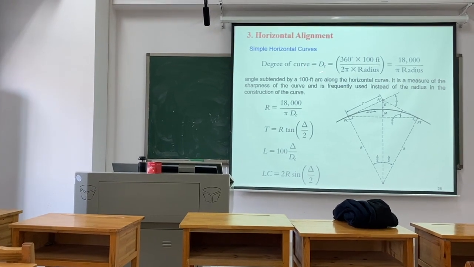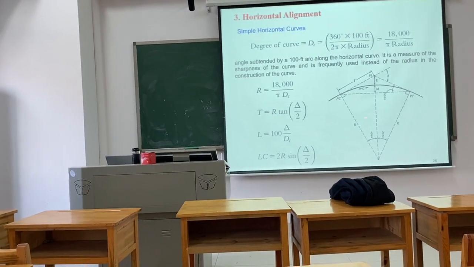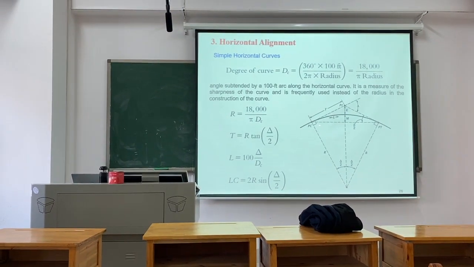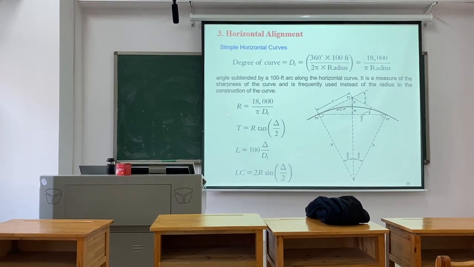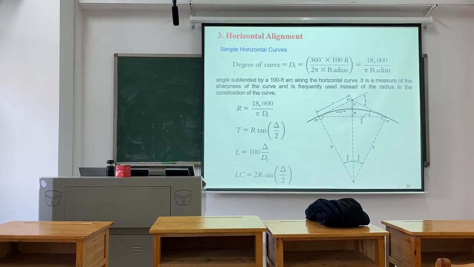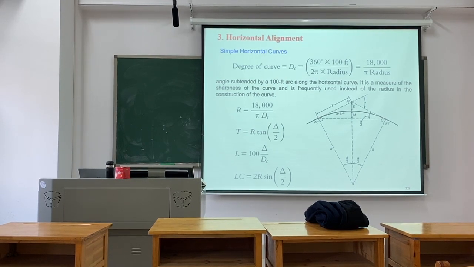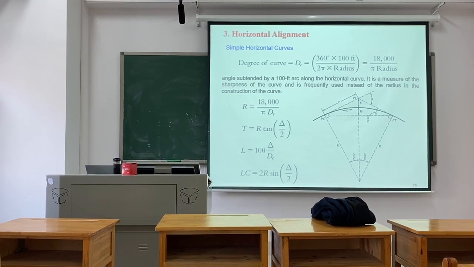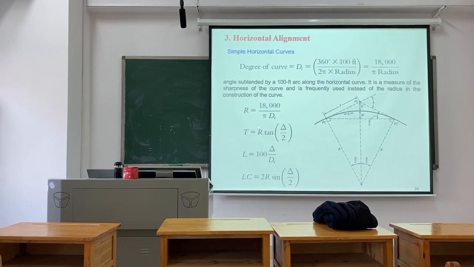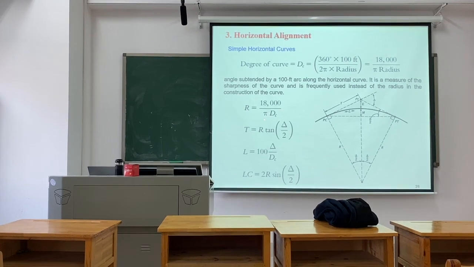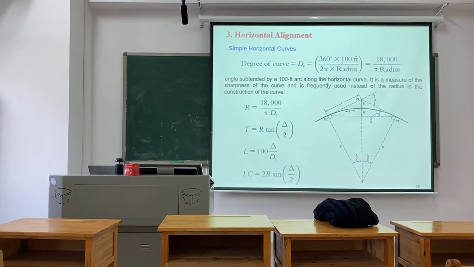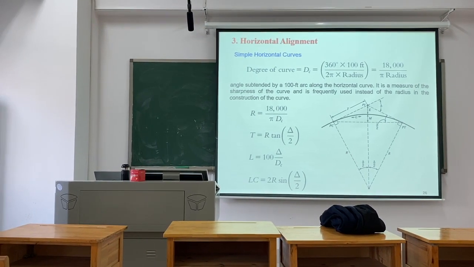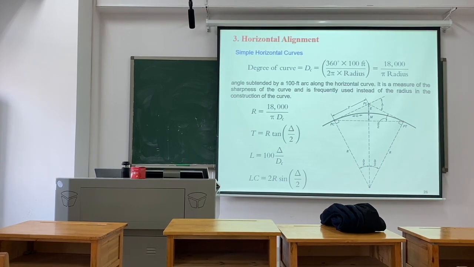When we know DC, the degree of curve, we can, according to this picture, calculate RT and LC. We know that R is the radius of the arc.